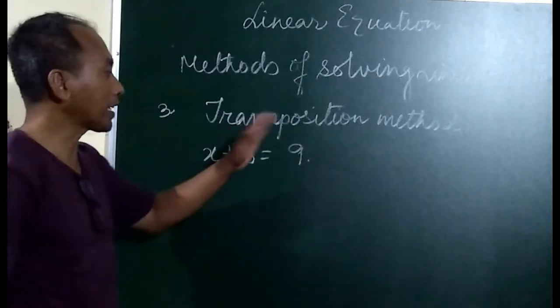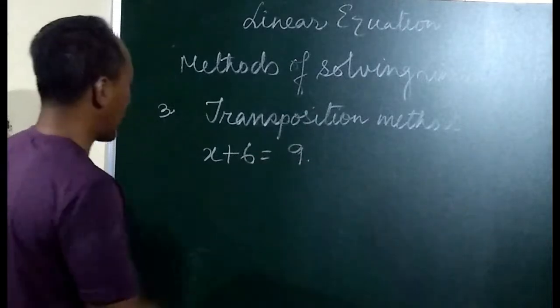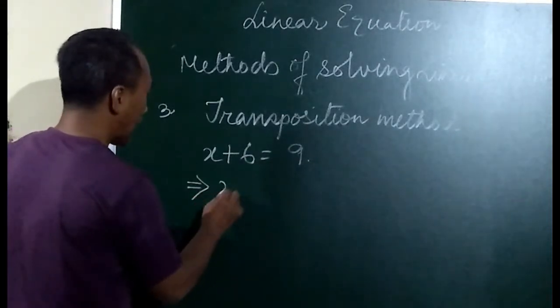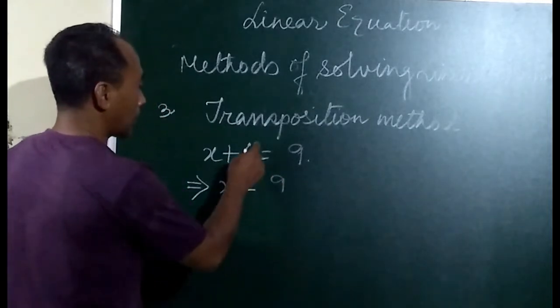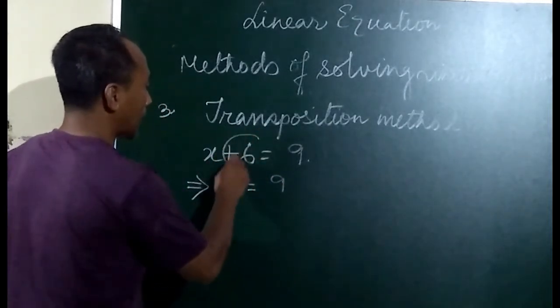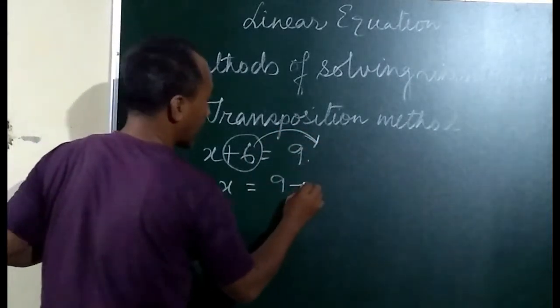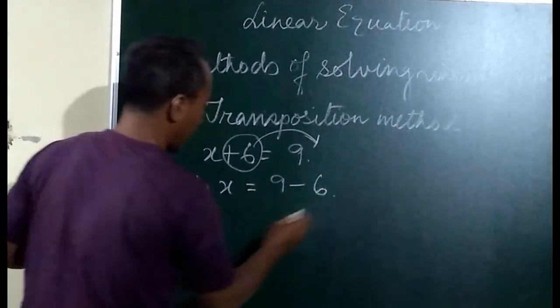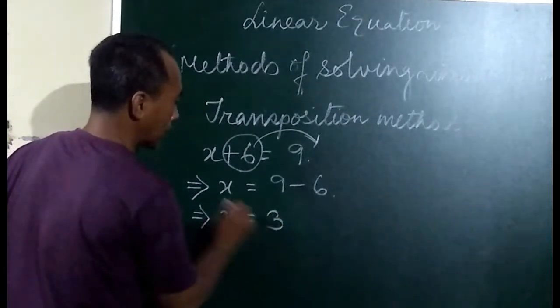If we take it to the right hand side, the plus sign will change into a minus sign. So here x equals 9. This plus 6, when it goes to the right hand side, will turn into minus 6. So here x equals 3.